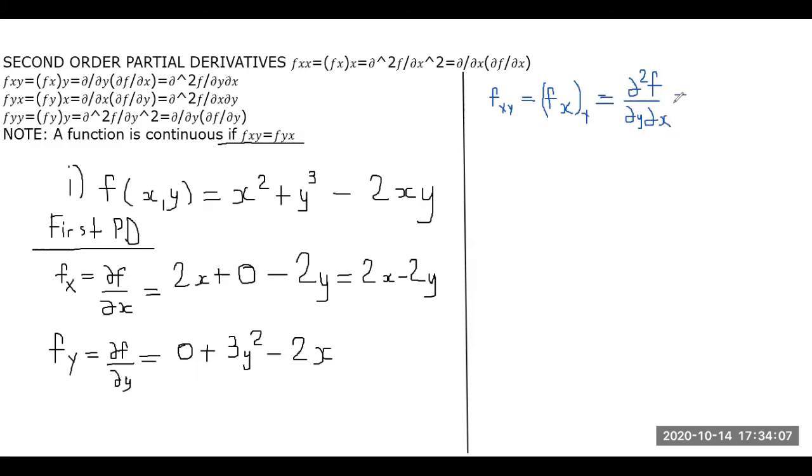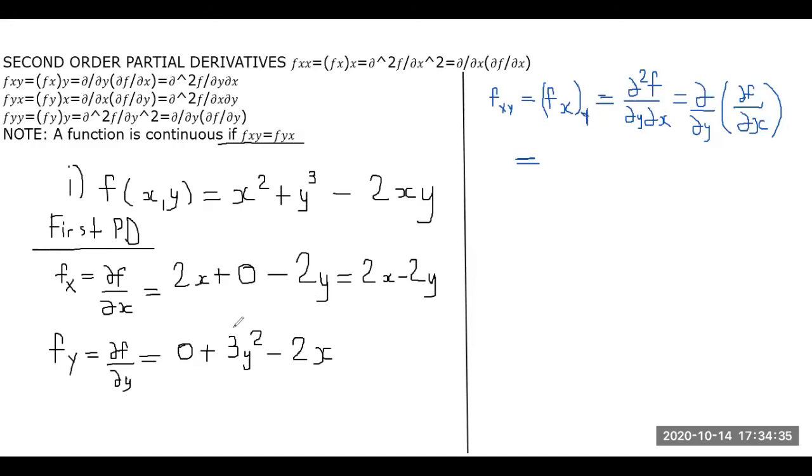which really means we're finding ∂/∂y of the function differentiated first and foremost with respect to x. So fxy means we're differentiating the function of x with respect to y.